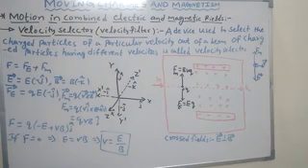Force experienced by a charged particle in a uniform magnetic field is F = qvB sin theta, or q(v bar cross B bar). And Lorentz force is the sum of the electric and magnetic force, meaning the force experienced by a charged particle in electric and magnetic fields. That we understood.